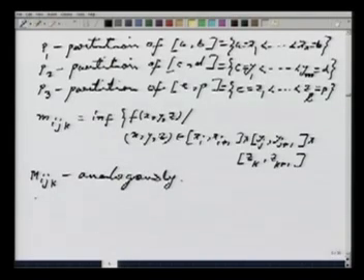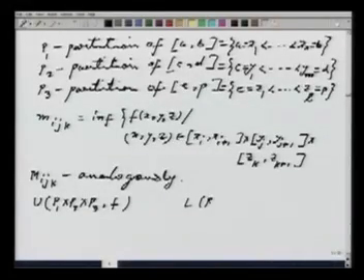Then you can construct U(P1 cross P2 cross P3, f). One can construct L(P1 cross P2 cross P3, f).